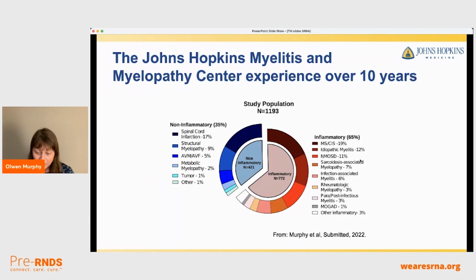Once we were able to categorize people into all of those conditions, only 12% of the inflammatory disorders actually were idiopathic or of unknown diagnosis in the end. So I think this is a good improvement and a reflection of where things have come over the last few years, that we're reaching a clear, accurate diagnosis in the vast majority of patients now.